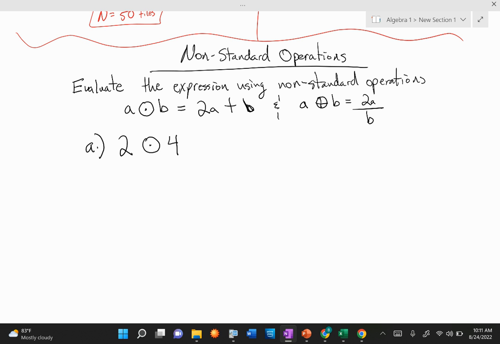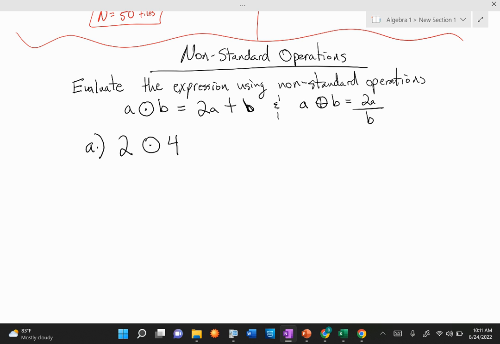So we are going to work on solving non-standard operations. What this means is, basically, given the symbol, really focus up here. Have we seen non-standard operations? This is something new for a lot of us. All non-standard operations mean is that instead of the given expression, I'm going to show you values and a symbol.